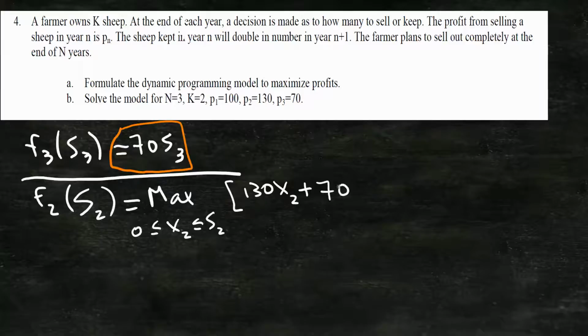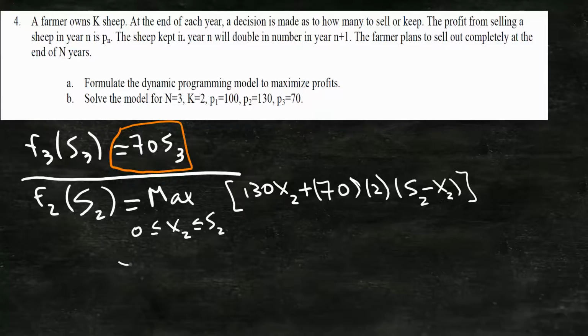How much will S3 be? Well, I already determined before that it doubles for whatever you have left. So you will have S2 minus x2 for the next stage, and the profit at that stage is 70 times that.